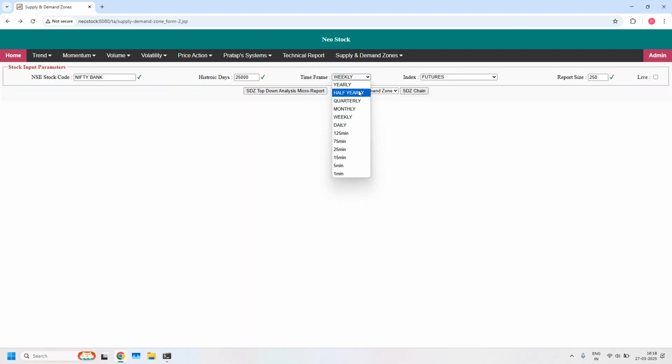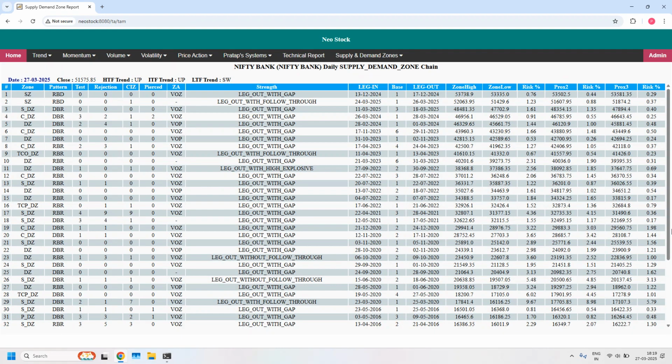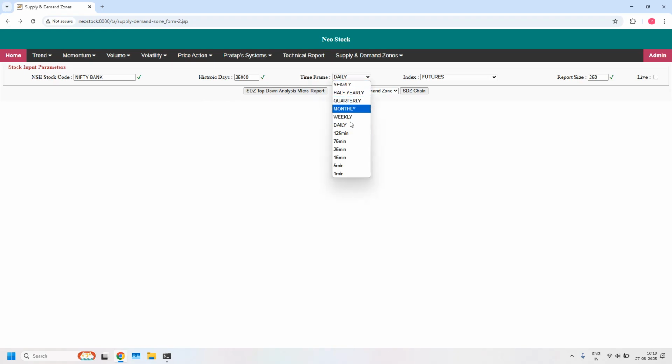Next, generating the daily supply demand zone chain for Bank Nifty. Next, generating the 125-minute supply demand zone chain for Bank Nifty.